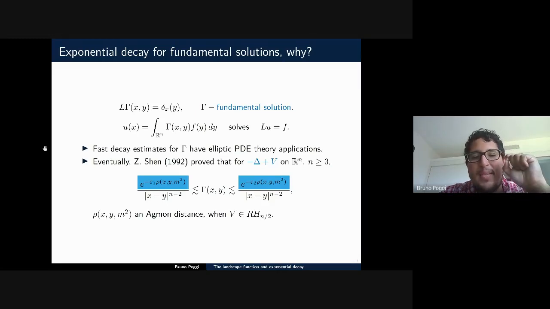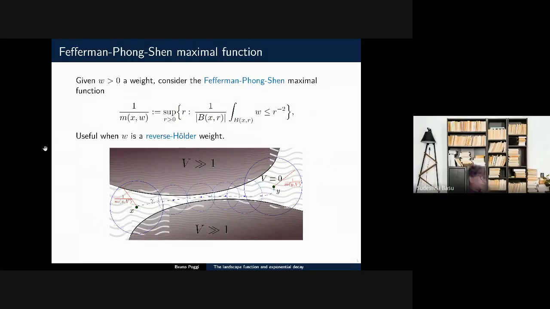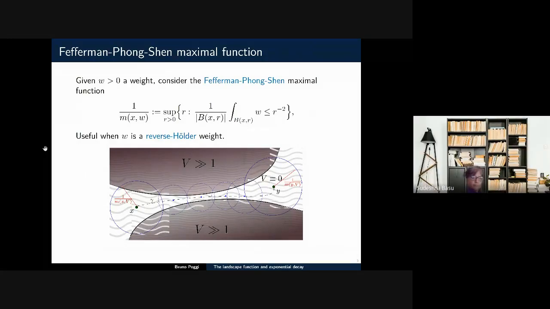Okay, so now we go to the next slide, please. Thank you. So here M is what is called nowadays the Fefferman-Phong Shen maximal function.